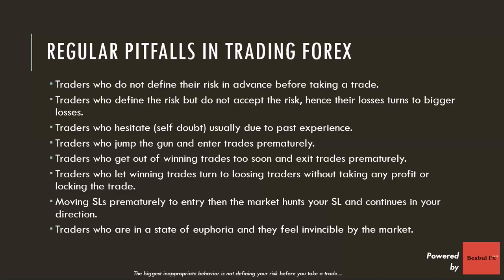Eventually, the market will usually move to 100, 120, 150 pips before, out of the pain of taking additional losses, they close those trades. So if you're going to define your risk, you need to accept that risk in advance before you take that trade. Don't set a trade and say you cannot take the loss. Okay? And that's the reason why I gave a proper explanation on what it means to trade in probabilities and how it applies to using your SL or accepting your SL.